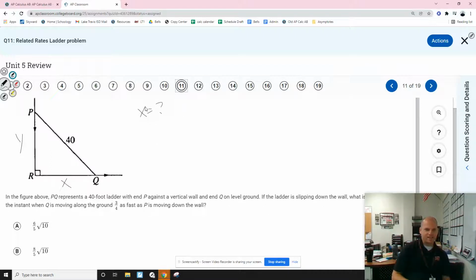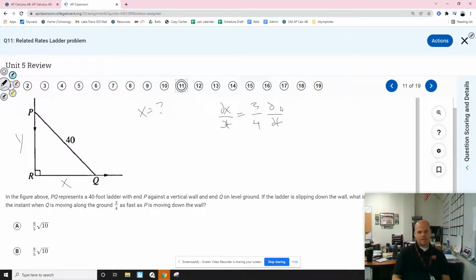At the instant that Q, which I'll represent by dx/dt, the change in X, is moving on the ground 3/4 as fast as P is moving down the wall. Sorry, I'm going to say dy.